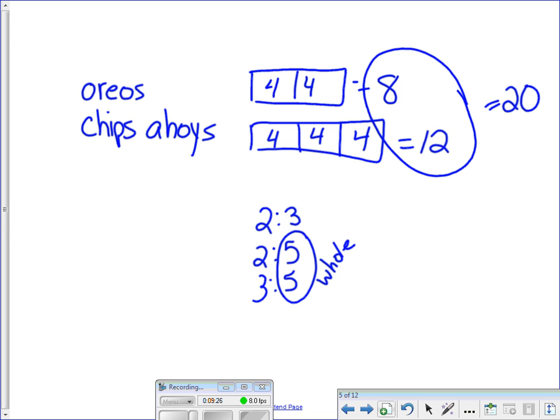Okay, so do you see the difference in a part to whole? Your whole is how many boxes you have in your ratio, but your total is the total amount of cookies. Do you see the difference? Okay. I love it when somebody goes, oh.